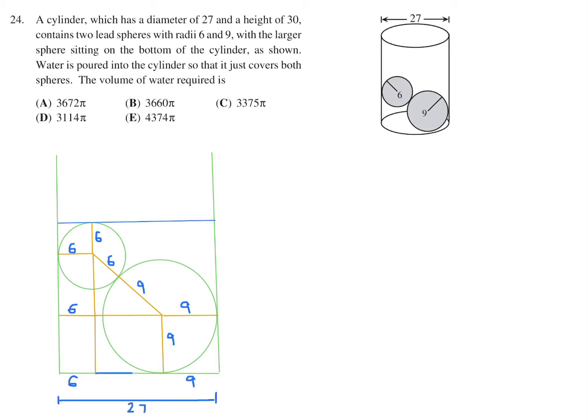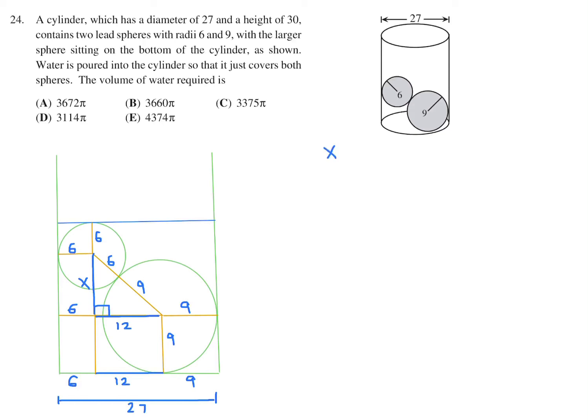So this segment will be 27 minus 6 minus 9, which is 12. Okay? And therefore that distance is also 12. And this distance from top to bottom, that distance I don't know yet, so I will call x. And then this is a right triangle. So I can now use the Pythagorean theorem to figure out x.